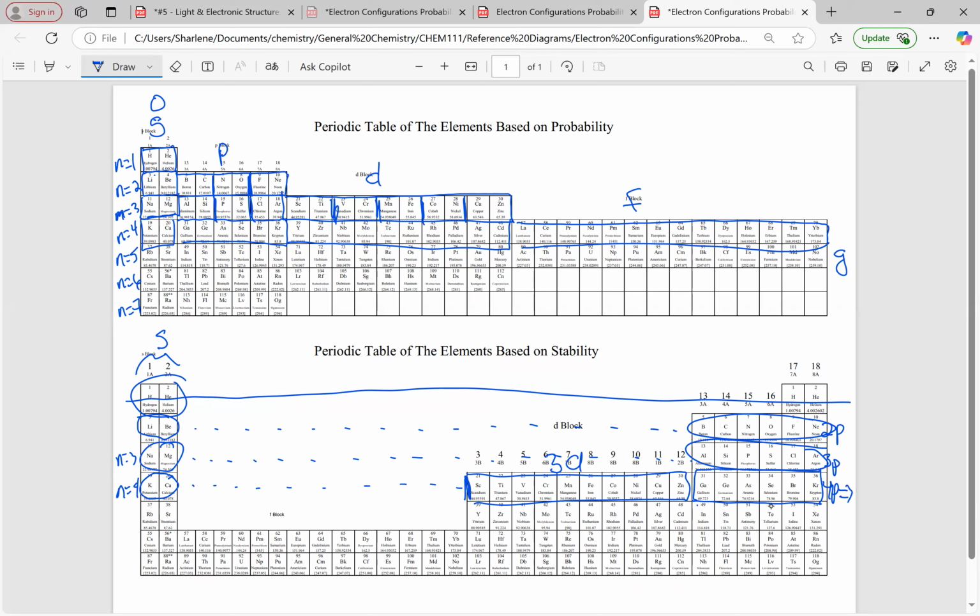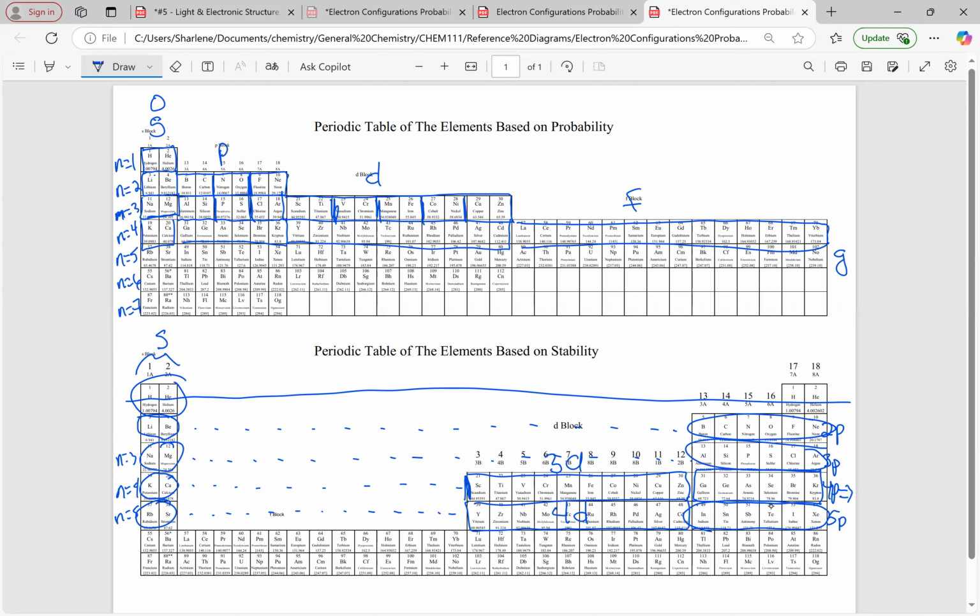It's then now telling you to not worry about F's yet. It's telling you to go back and fill 5S2. Trust the periodic table. This is 4D's, and then we're back to the 5P's.